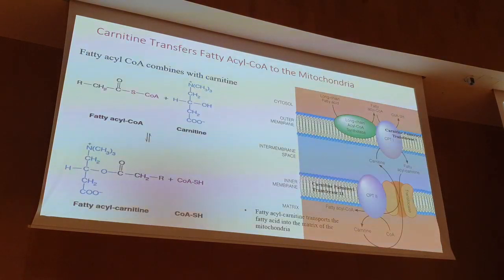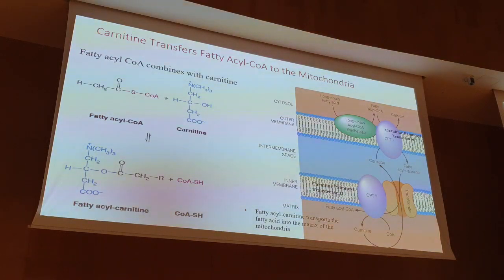Next step, I need to transport that activated fatty acid into the mitochondria. So I need this molecule called carnitine. So I bring my fatty acyl CoA, I react it with carnitine, I now have fatty acyl carnitine.